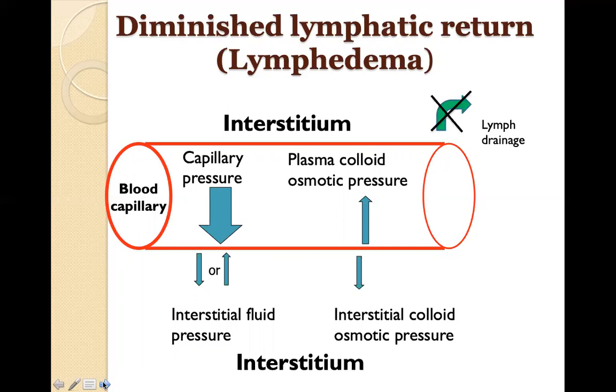But for some reason, there's reduced or eliminated lymphatic drainage. Perhaps that patient had a cancer history and some of the lymph vessels or lymph nodes were removed or damaged. And for some reason, then that removal of protein from that local region has been impaired.